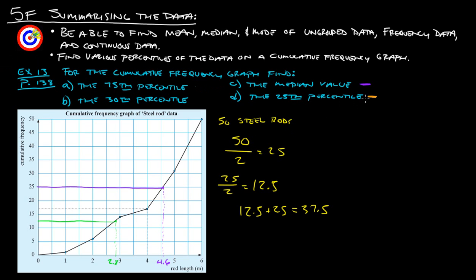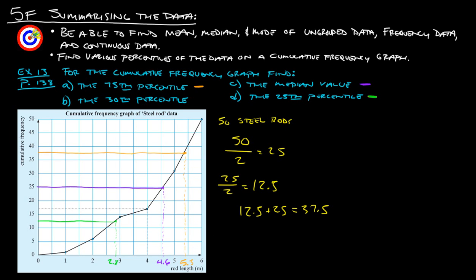The 25th percentile is our green one, and then the 75th percentile we'll make orange. So that's again at 37.5. I'll go straight over from here. It's right there. And then when you take that and go straight down, or not so straight in my case, it looks like we're about 5.3, I kind of curved over a little bit, so I'm going to go with 5.3 right there.